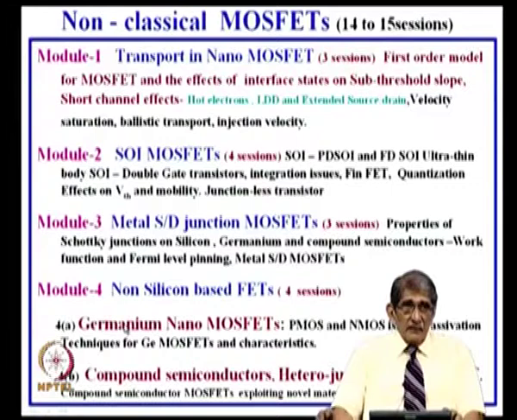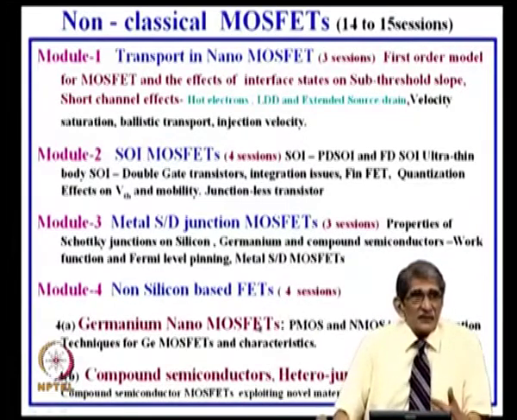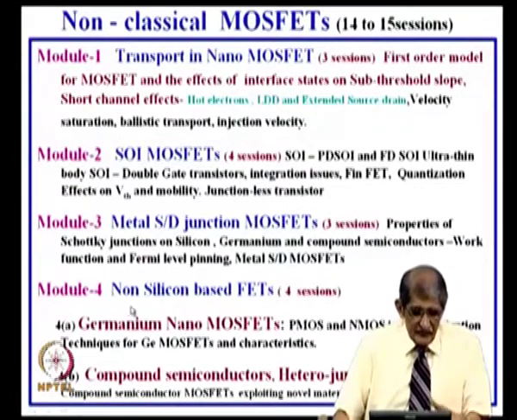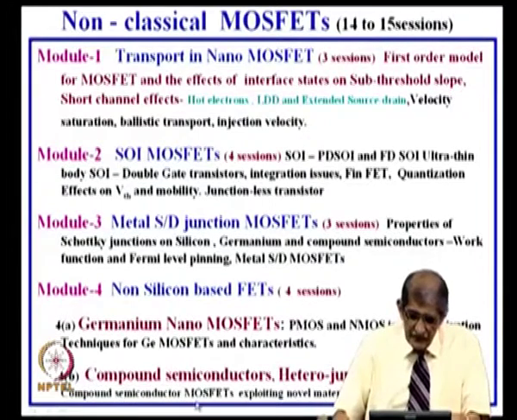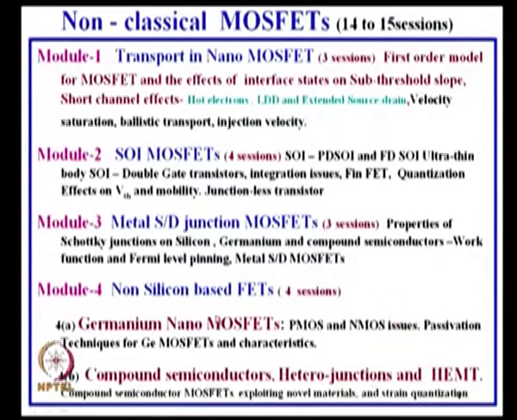Further, if you want to improve the mobility, you have to change the material. Materials like germanium and gallium arsenide are the two major contenders for high performance devices: germanium PMOS, NMOS, germanium MOSFETs, then compound semiconductors based on gallium arsenide, aluminum gallium arsenide, and heterojunction devices. We will try to cover all that.